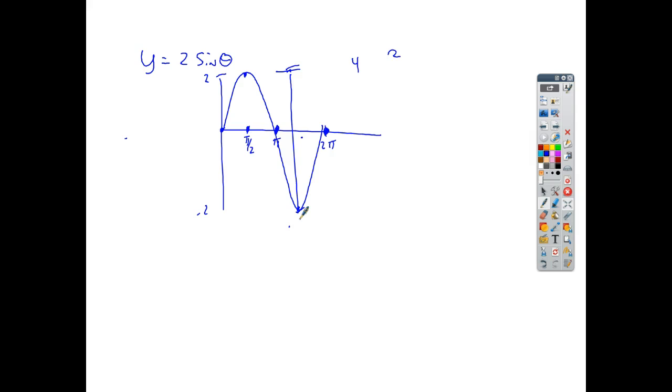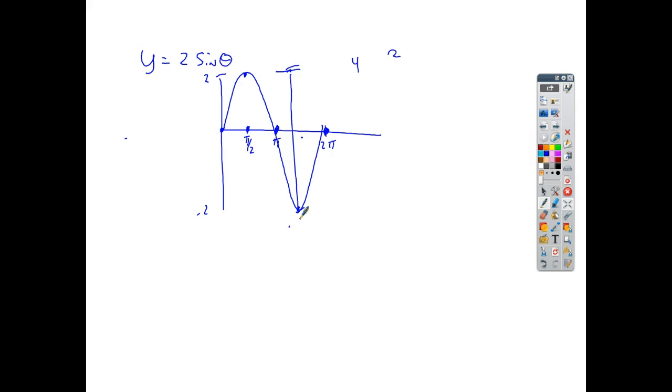And so when we say stretch by a factor of 2, Mr. Resendez, in this chapter we're going to say it has an amplitude of 2. Can a wave have a negative amplitude? The answer is no. A negative out in front does what to me? What does a negative out in front do? Reflects, right? It flips it over the axis.